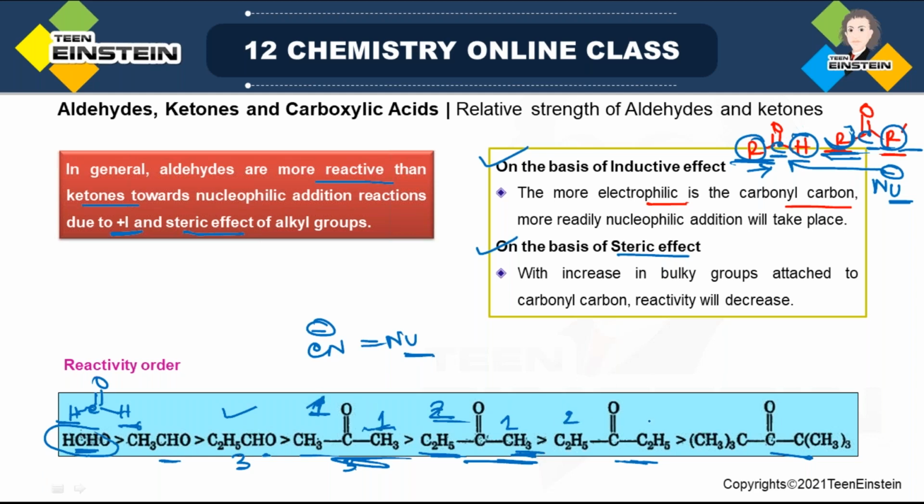Then 2, 2, and here see, this is so large, that is the group Me3C, a carbon having 3 methyls, no hydrogens. So that is why this is the most unreactive among all these molecules. In this way you can compare the reactivity order of all these molecules based on 2 points: one is inductive effect, another one is steric effect.